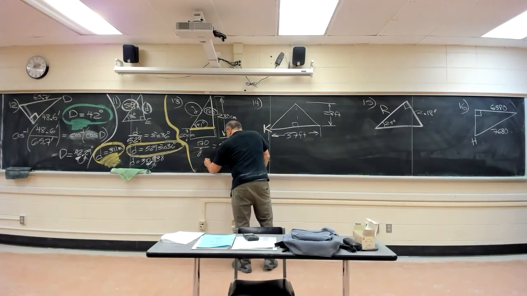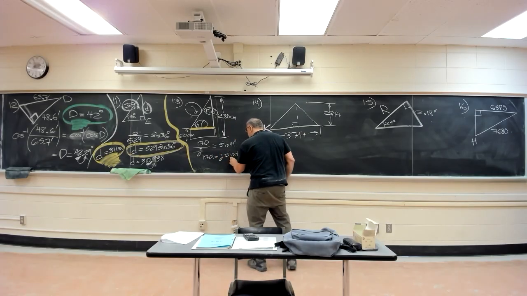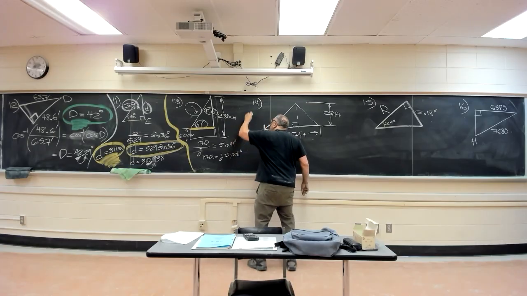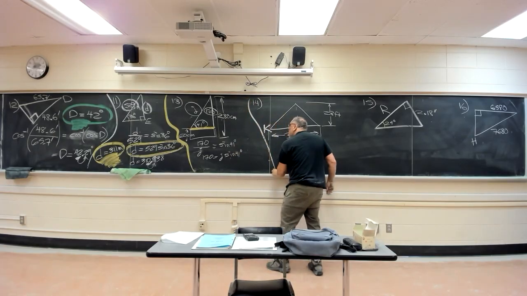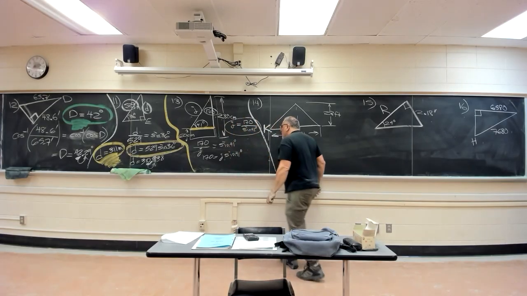Multiply by J on each side, and then divide by sine 41 on each side, and J is going to be this.